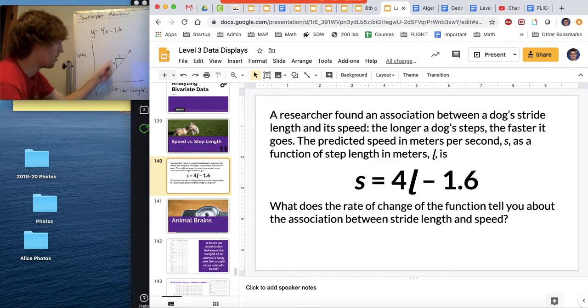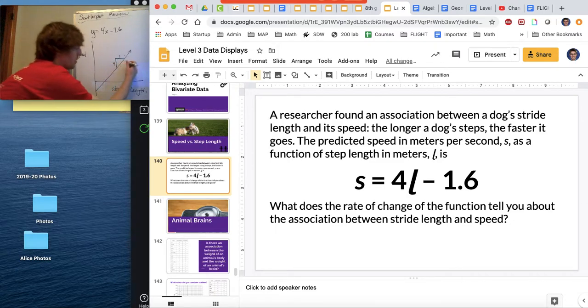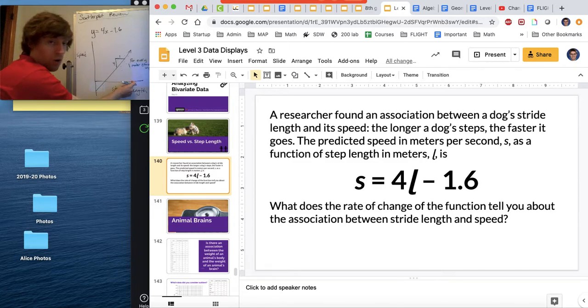Let's see what this slope means. Now, we're going to do this as a unit rate. That's what a slope is, a unit rate. For every 1 meter of stride length, so for every 1 I go over in the x column, I go up how many? 4.